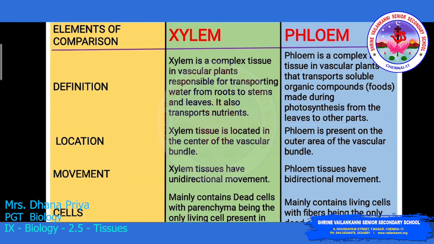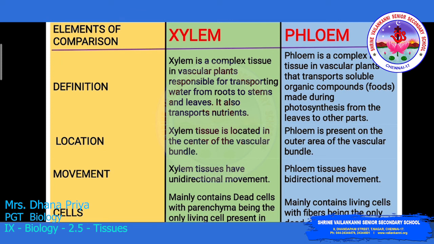Location: xylem tissue is located in the center of the vascular bundle and phloem is present on the outer area of the vascular bundle. Movement: xylem tissues have unidirectional movement, that is one-way communication. Phloem tissues have bidirectional movement, that is two-way communication.